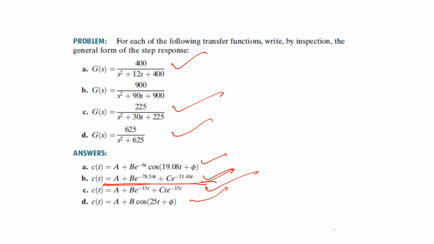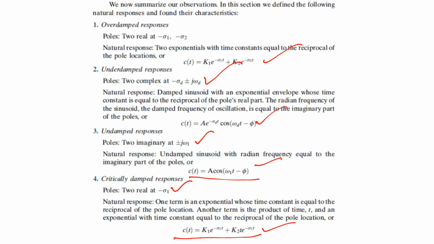So this is how you can do it. You can take the roots of the denominator, find out what the roots are, and then use the equations we have discussed here, so that we can get the response of the system without the task of finding the Laplace transform and then the inverse Laplace transform.